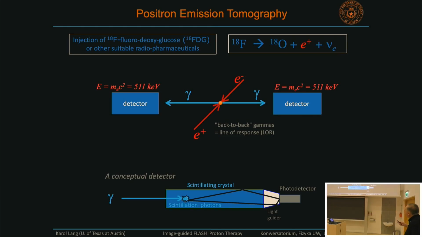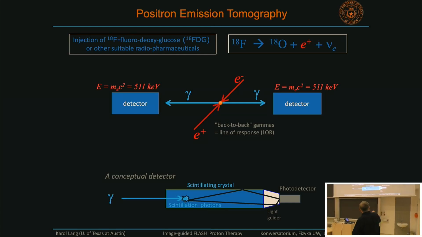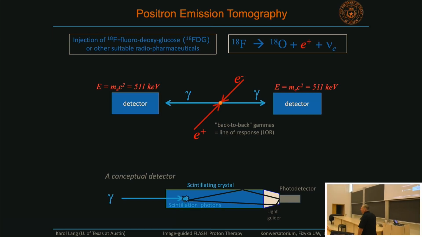So a positron is annihilated with electrons in the tissue, and it creates two photons, which create effectively the so-called line of response. These two detectors, if you put them on opposite sides of where annihilation happened, detect so-called back-to-back photons, which essentially comes from the conservation of energy and momentum.